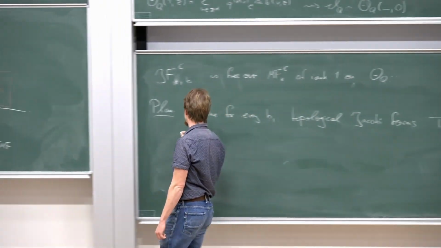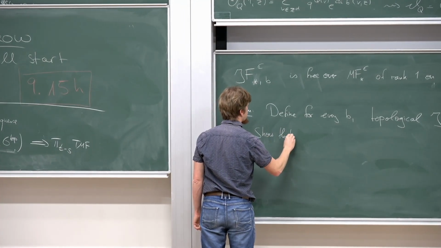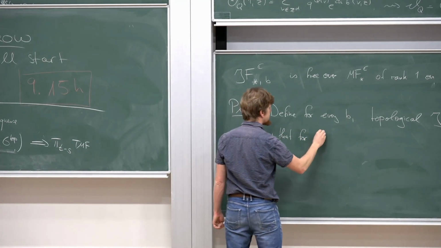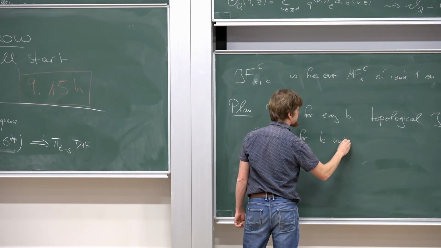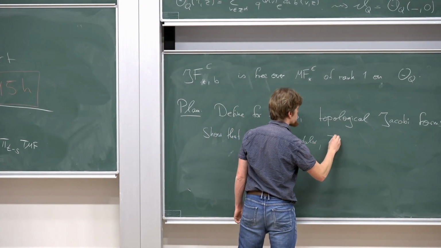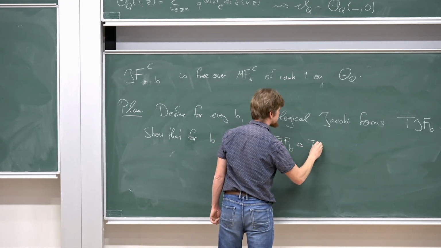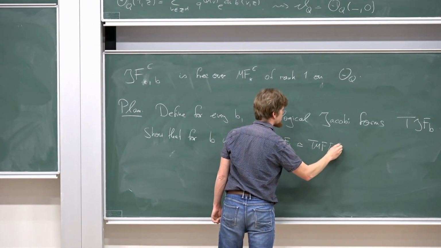And then show that for B unimodular, TJF_B is equivalent to TMF up to some shift.